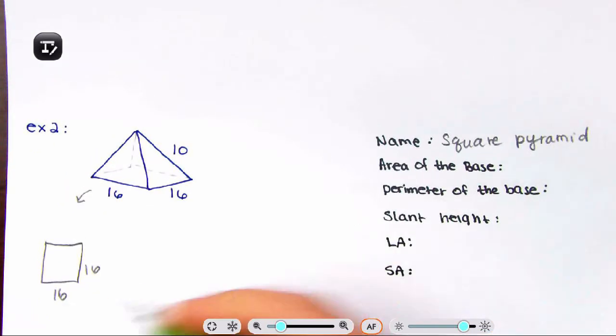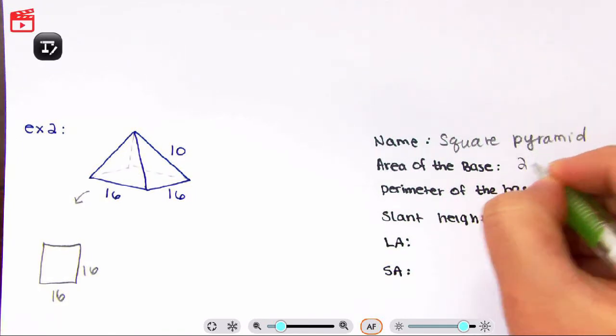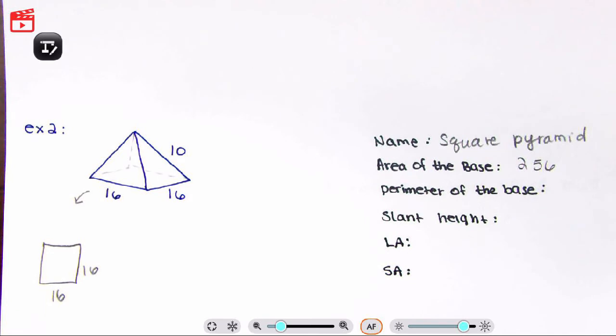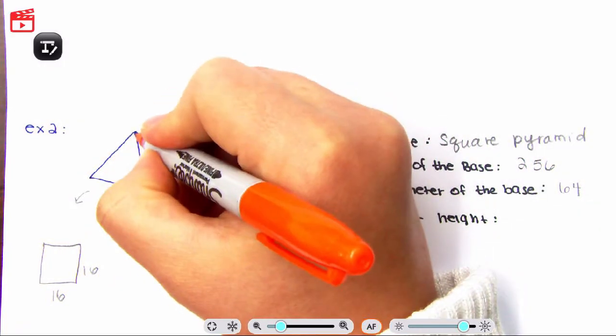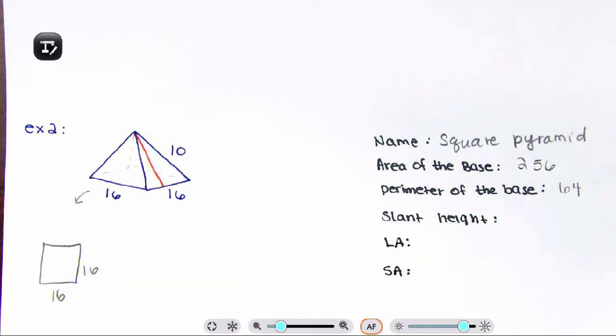Area of the base, 16 times 16 is 256. Perimeter of the base is 16 times 4, or 16 added 4 times, which is 64. Slant height, remember, is from the vertex to the middle of your base.